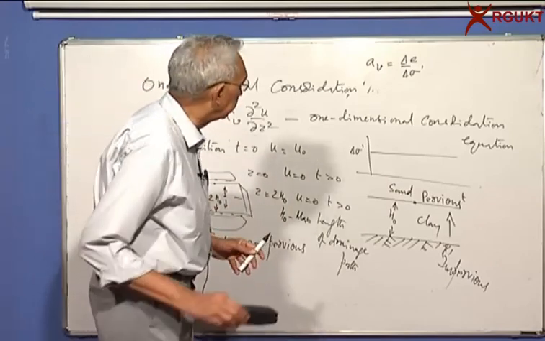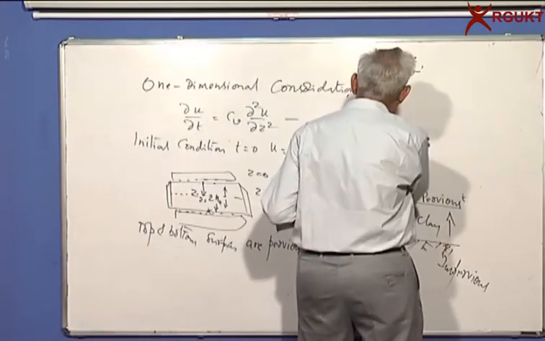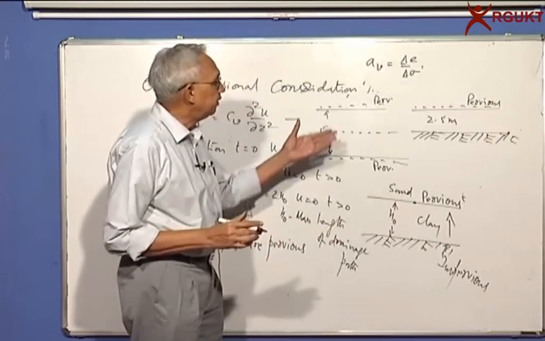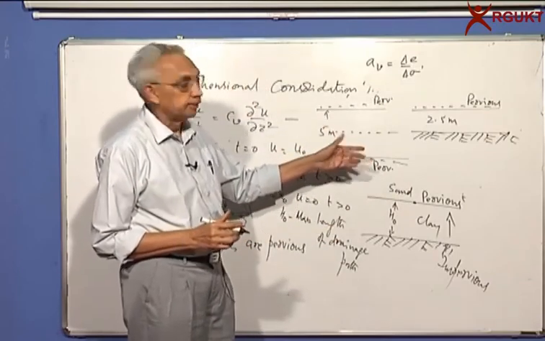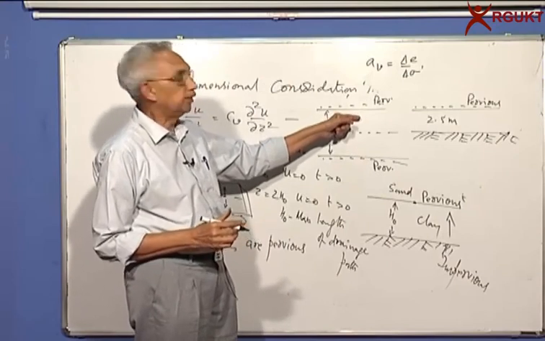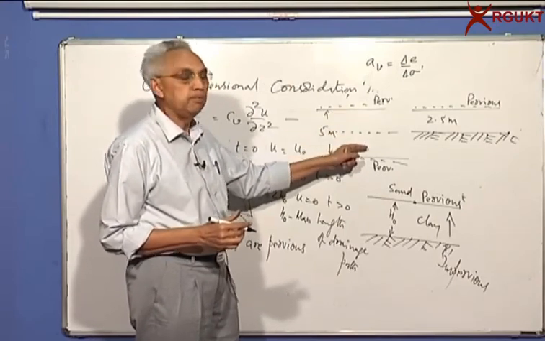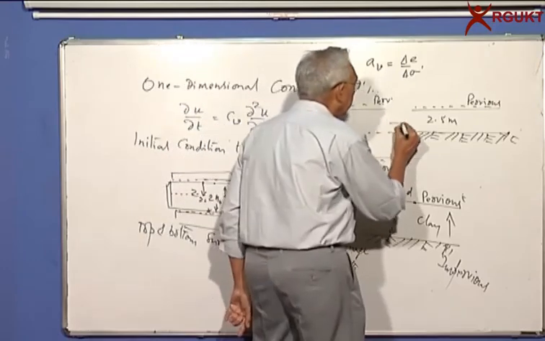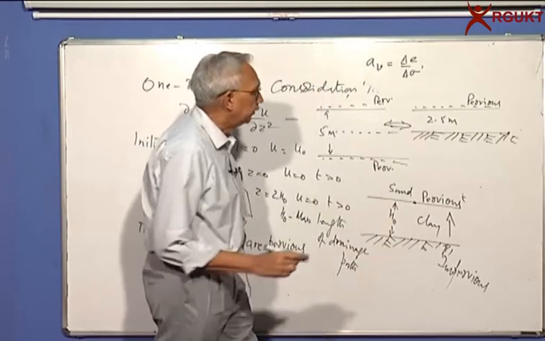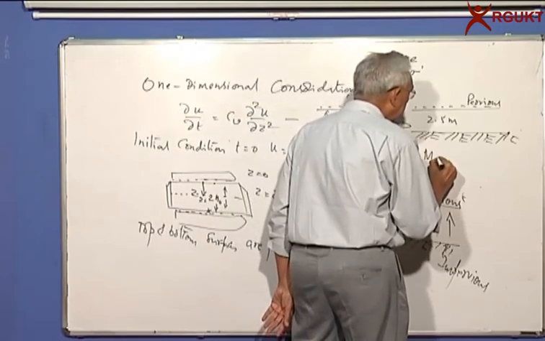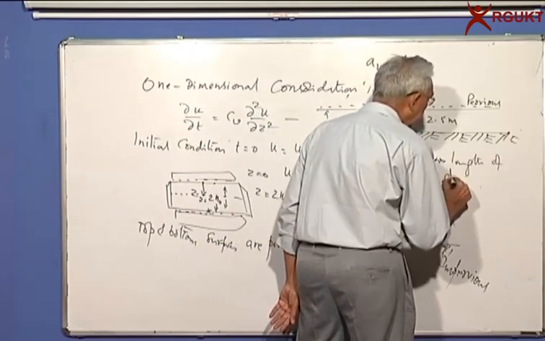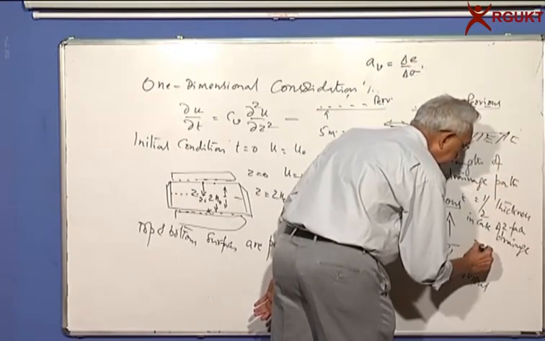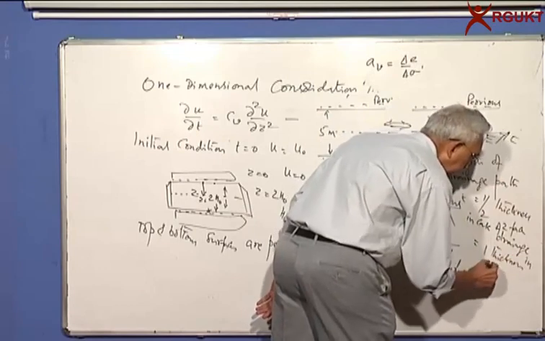I can show it again in a very simple picture. You can see that even though this is 5 meters thick, 2.5 meters will consolidate by flow upward and 2.5 meters will consolidate with flow downward. And these two are identical. So please remember, you always have to calculate the maximum length of the drainage path, which is equal to half the thickness in the case of double drainage and equal to the thickness in the case of single drainage.